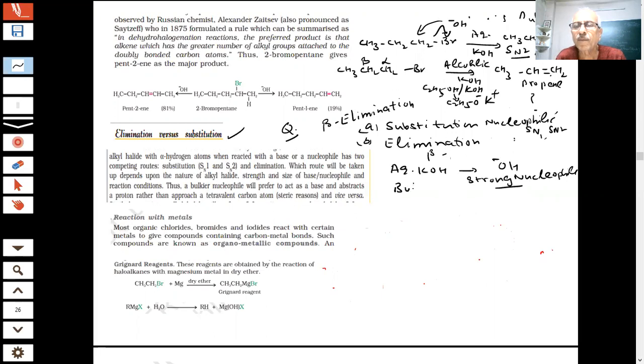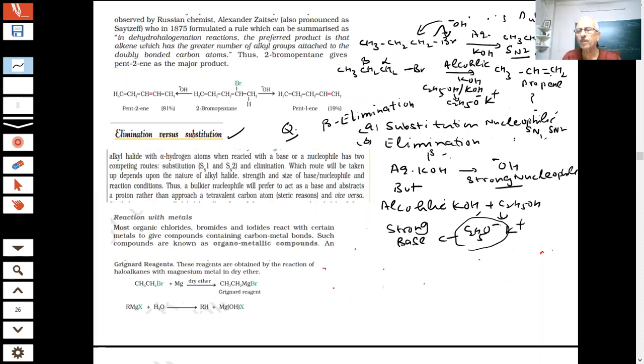But when I use alcoholic KOH, students, what happens? What do you get? KOH plus C2H5OH. What will be the product? C2H5O minus K plus. Now you see, this is a strong base.